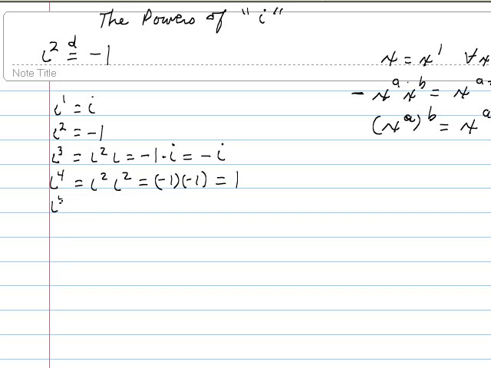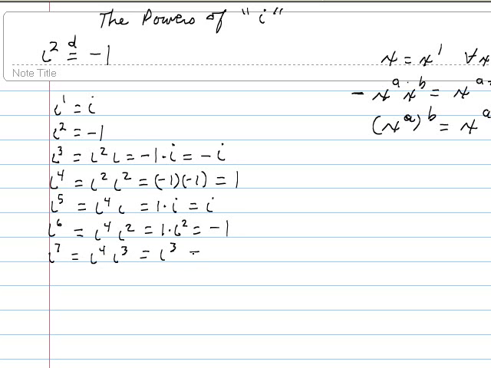We now go to i to the 5th power. Now, these powers are going to be easier now that we have that i to the 4th is 1, because i to the 5th is just i to the 4th times i, and i to the 4th is 1, so that's just 1 times i, which is i. i to the 6th power would be i to the 4th times i squared, which would be 1 times i squared, and 1 times i squared is just i squared, which is -1. i to the 7th power would be i to the 4th times i cubed, and of course i to the 4th is 1, so that would just be i cubed, which we found above, and you look at the third line there, i cubed was -i.